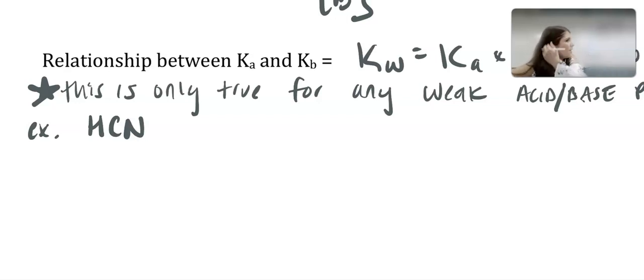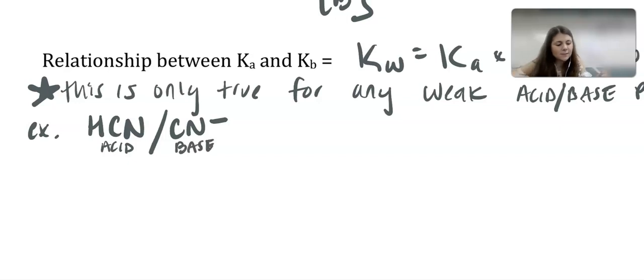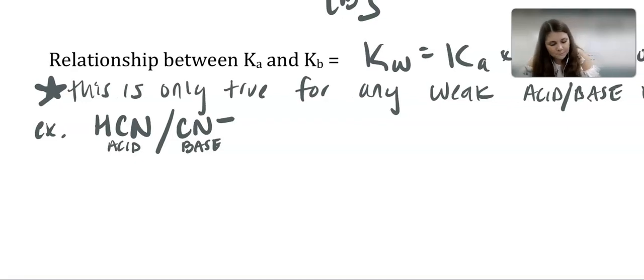If an acid releases hydrogens, then the base pair would be CN minus, okay? This would be considered a weak acid-base pair where they are going to be used interchangeably. HCN, since it's an acid, once it releases, you have CN minus. And if we went the opposite way, where CN minus as a base gains a hydrogen, we make HCN again.